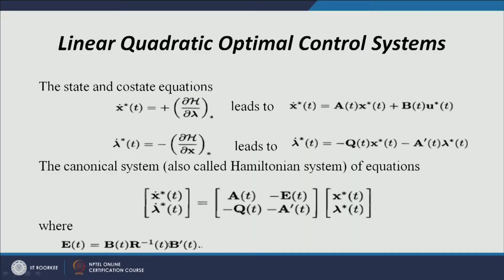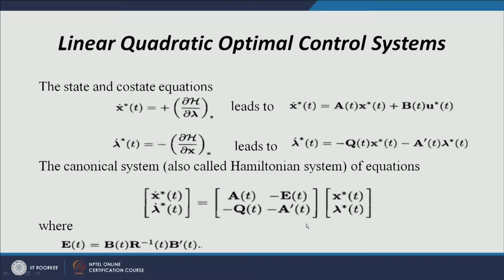Then we define our Hamiltonian system, x dot and lambda dot, represented in terms of x and lambda. So we have the n by 1 state vector and n by 1 co-state vector, so the total dimension of the system is 2n.